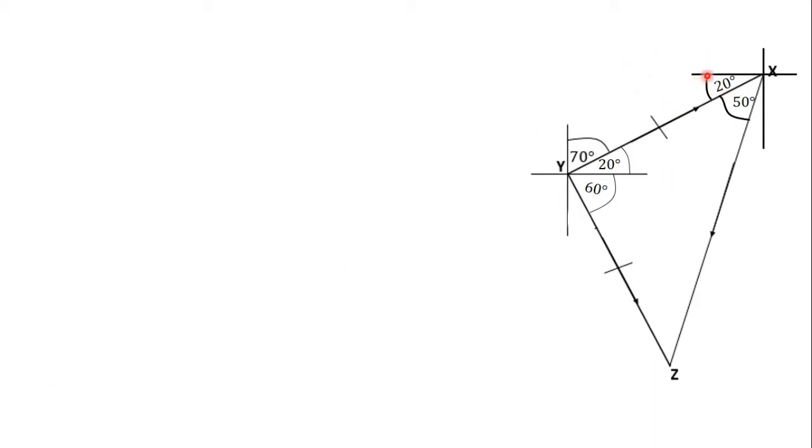Now look at something. We have been able to find this side here to be 20 degrees, and this side here to be 50 degrees. We know that from the 270 degrees point to the 180 degrees point, the angle there is 90 degrees.